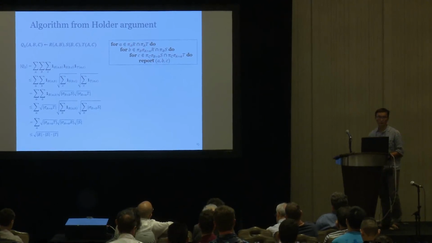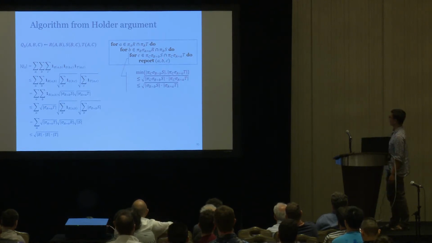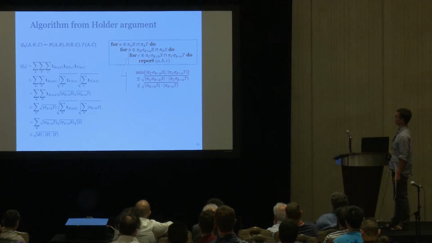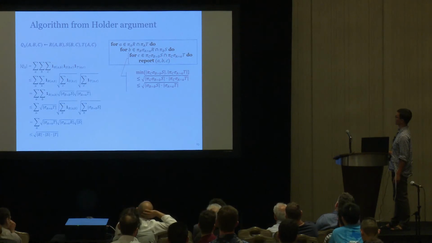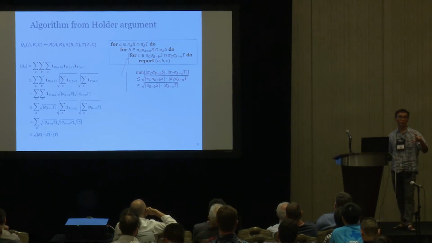Now the analysis also kind of jumps out of the algorithm. The inner loop is basically an intersection, so we are intersecting two sets. The time it takes to intersect two sets is the minimum of the two set sizes, of course, because you can always loop through the smaller of the two sets and look up in the bigger one.